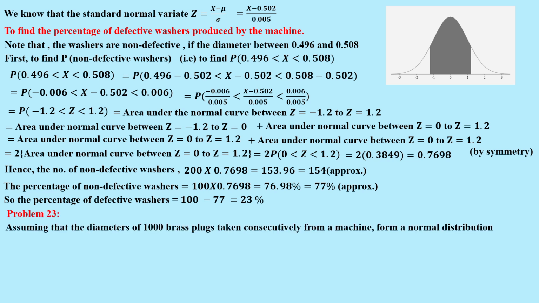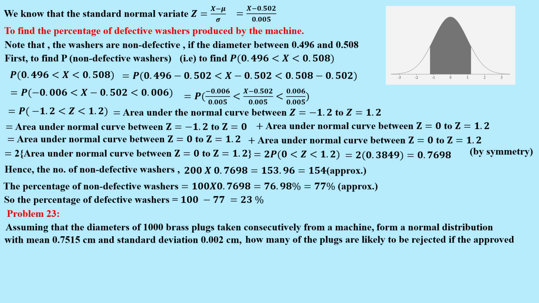Thanks. Next problem. Assuming that the diameters of 1000 brass plugs taken consecutively from a machine form a normal distribution with mean 0.7515 centimeter and standard deviation 0.002 centimeters, how many of the plugs are likely to be rejected if the approved diameter is 0.752 plus or minus 0.004 centimeter?